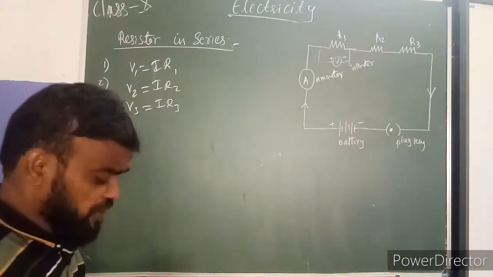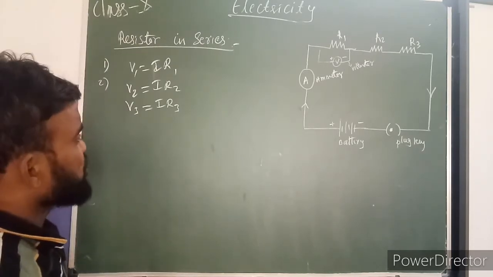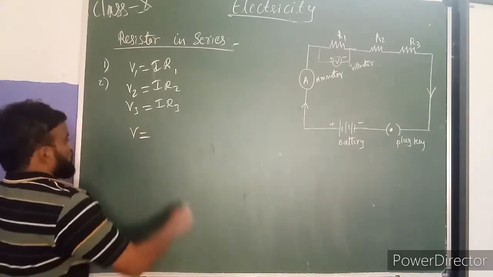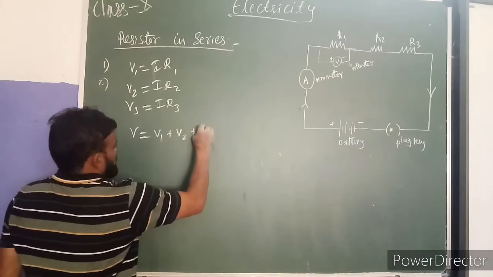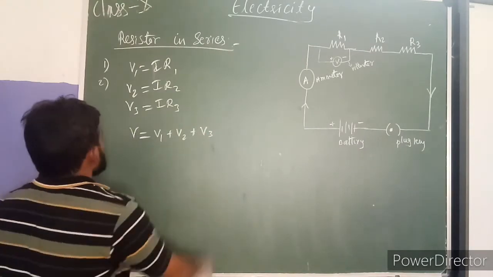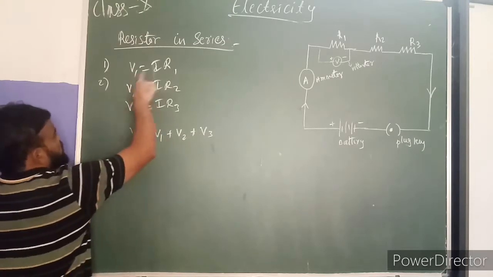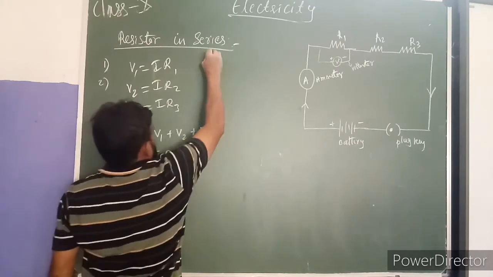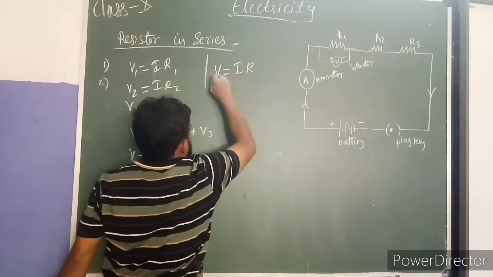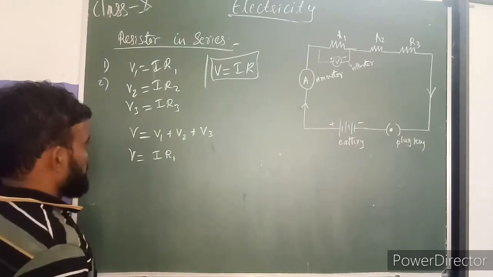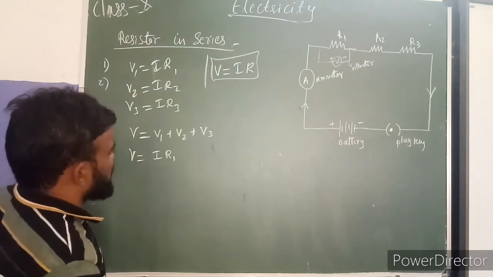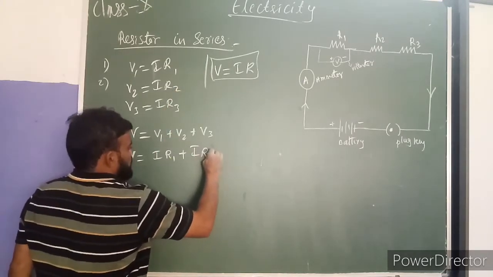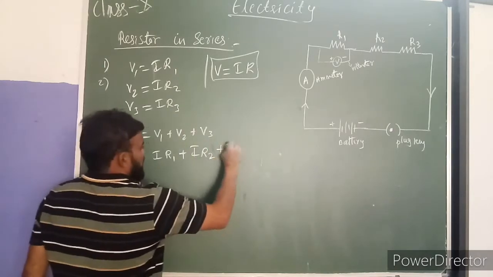Understood? So the total voltage V is equal to V1 plus V2 plus V3. V1 is IR1, and the general formula is V is equal to I into R, that is, potential difference is equal to current into resistance. Plus V2 is IR2 plus V3 is IR3.